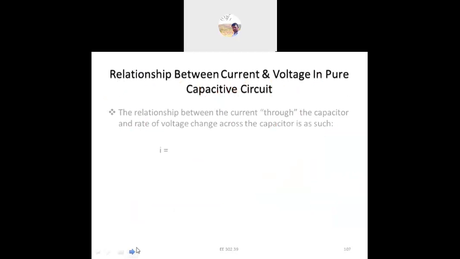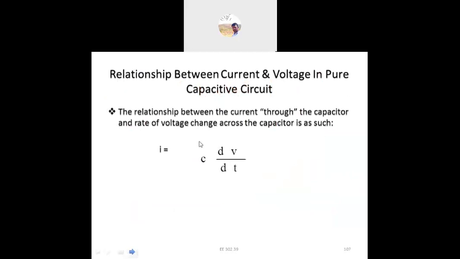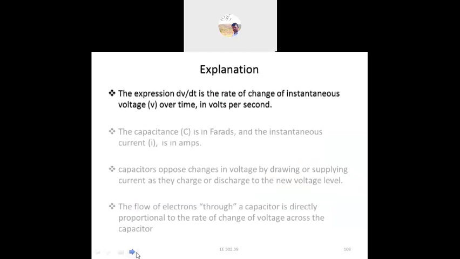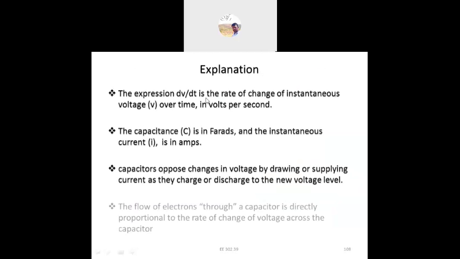The relationship between the current through the capacitor and the rate of change of voltage across the capacitor is I equal to C dV by dt. Here dV by dt is the rate of change of instantaneous voltage per second, and capacitance is in farads. I is the instantaneous current.